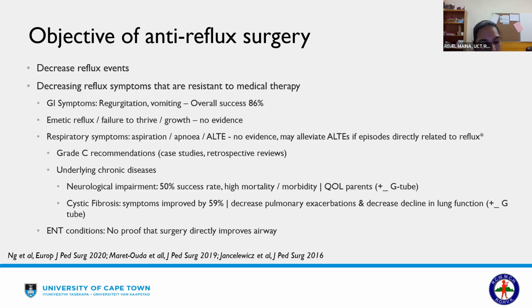In patients with cystic fibrosis, symptoms were improved by 59%, with decreased pulmonary exacerbations and decreased decline in lung function. And with regards to anti-reflux surgery and ENT conditions, there's no proof that surgery directly improves the airway.